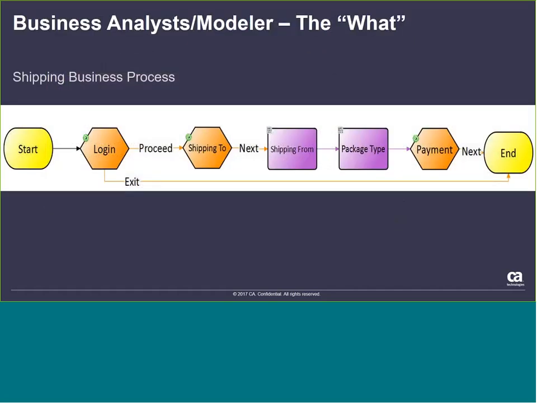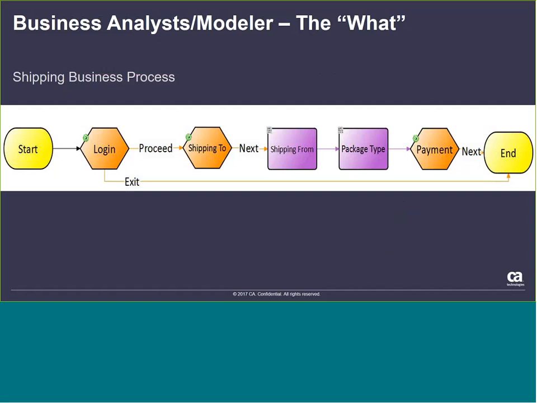Here is an example of a simple model for a shipping business flow created by a business analyst. So each flow starts with a start node followed by a process node or a decision node or a subflow node. And in this case, what we have is a start node followed by a login subflow.